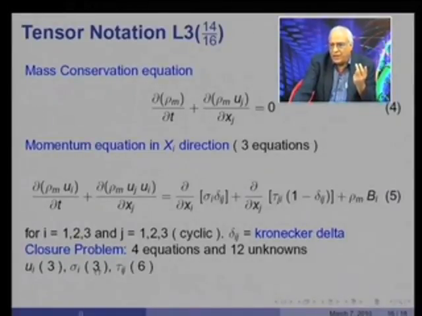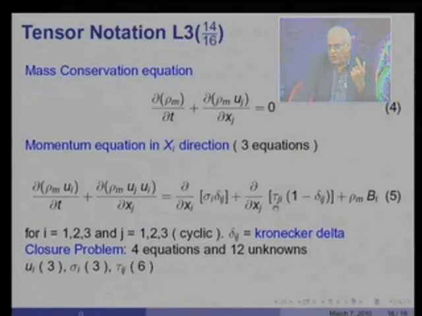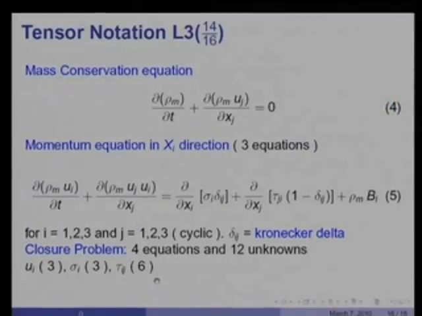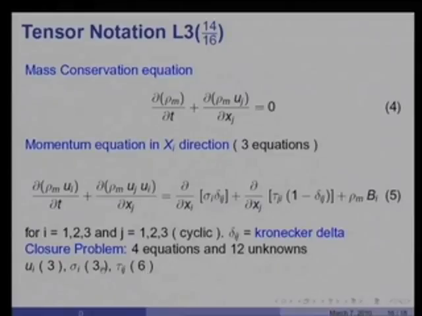Then 3 tensile stresses sigma which we do not know, and 6 shear stresses, tau ij or tau ji. So we have essentially 6 plus 3, 9, plus 3, 12 unknowns and only 4 equations. So essentially this is not a solvable set.